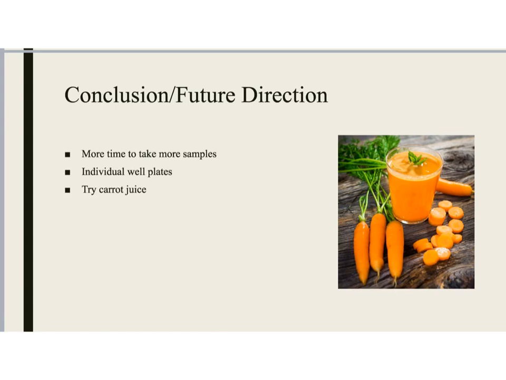Also, this helps with contamination, since moving back and forth from the incubator to the hood might cause something to go wrong with my cells. And lastly, I would like to try carrot juice because that's what the actual study looked at, so it's going to be interesting to see my data versus the carrot juice data if I was to do this again in the future.